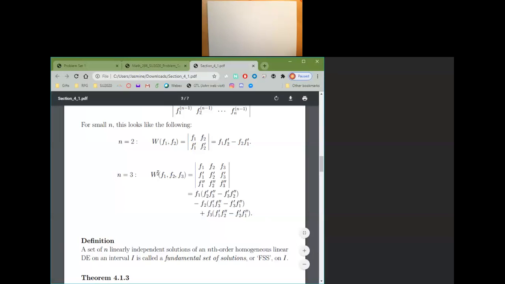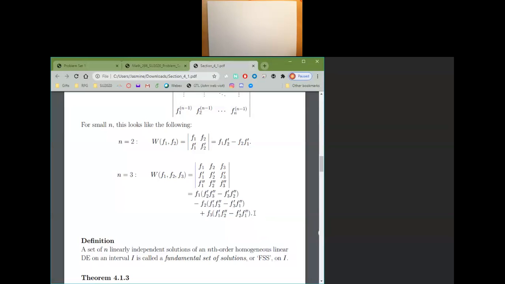There will probably be some that are 3x3 that you actually have to check using the Wronskian. But this is a perfectly online class that you can come back and reference this, or you can Google it, or you can use Wolfram Alpha or whatever, right? You can figure out these determinants without having to necessarily memorize what's going on here.